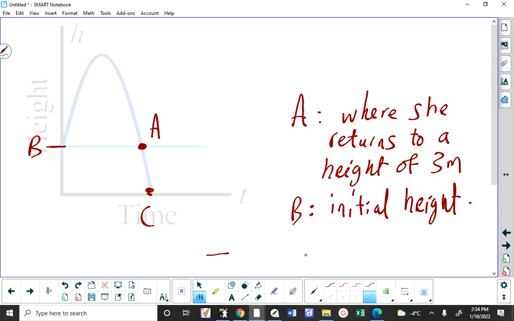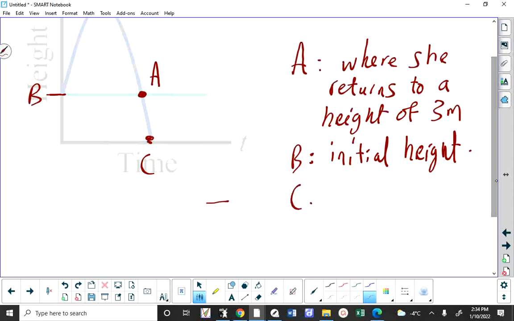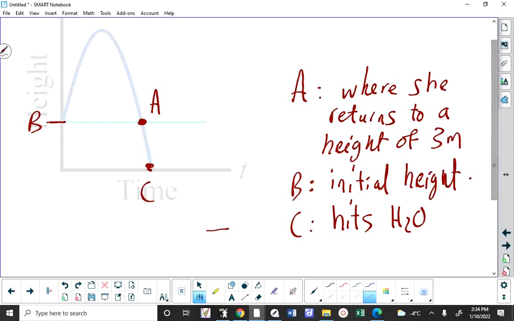What about point C? Reagan, what do you think point C represents? Right, it's splashdown time. Hits the water. There's one other point which I don't even think we need to write down, but I'll include it for completeness' sake.